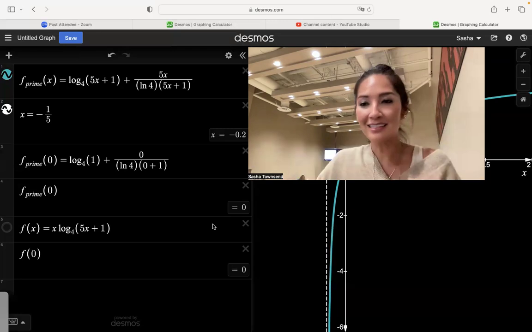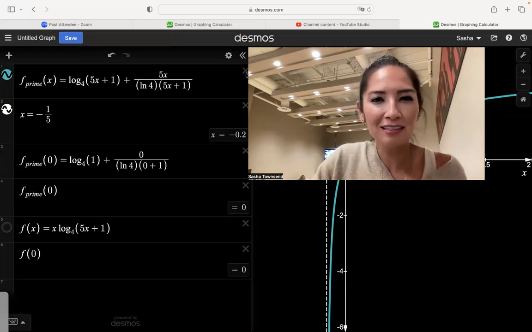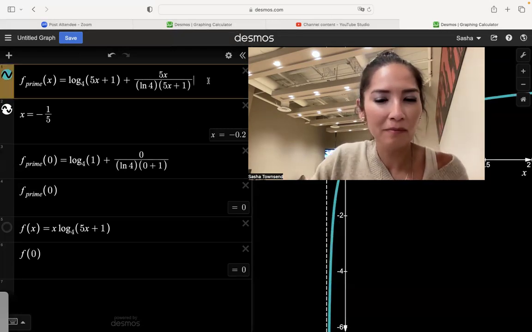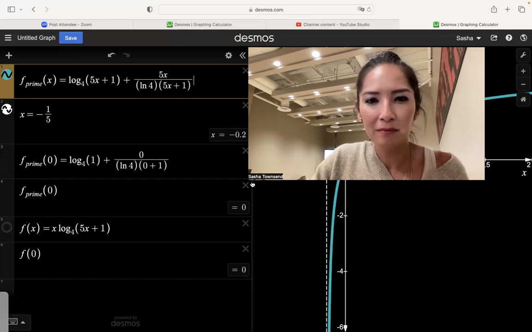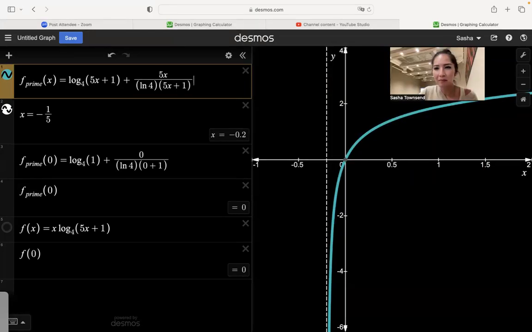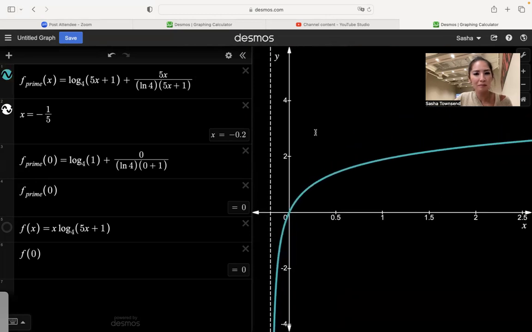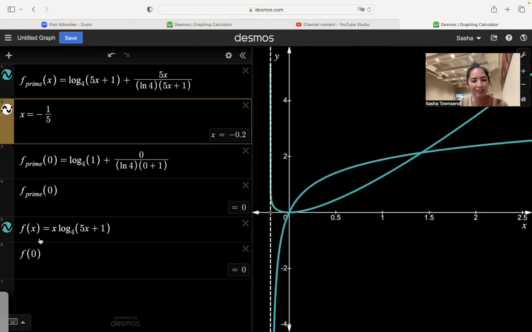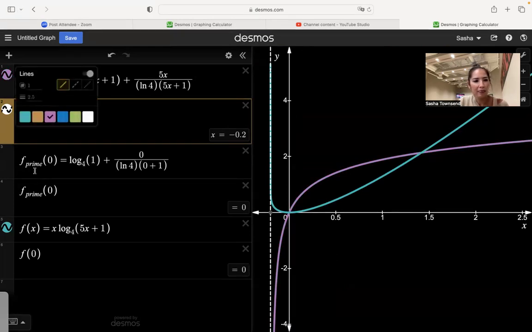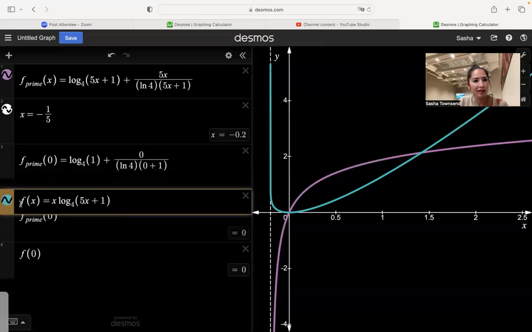I hope you can see that. So now let's graph it on Desmos. And that's our original function. Here's the derivative, and the original function looks like this.